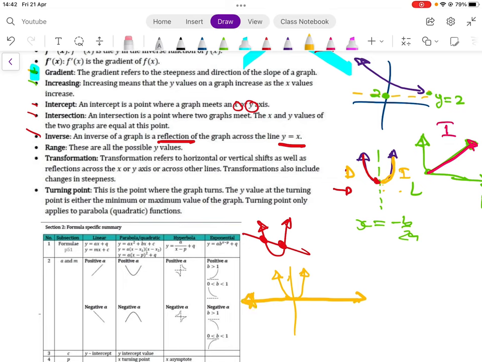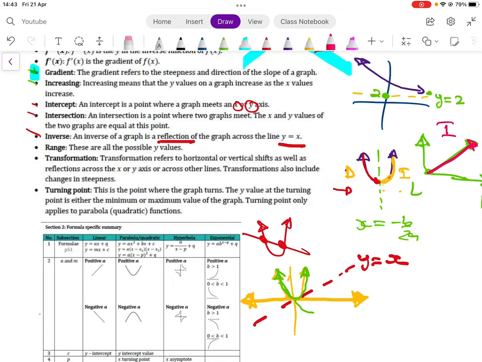This is a parabola, not a hyperbola. I keep mixing up hyperbola and parabola. But yeah, suppose you have a line y equals x here. And then when you reflect this graph about that line, what you will have is this.